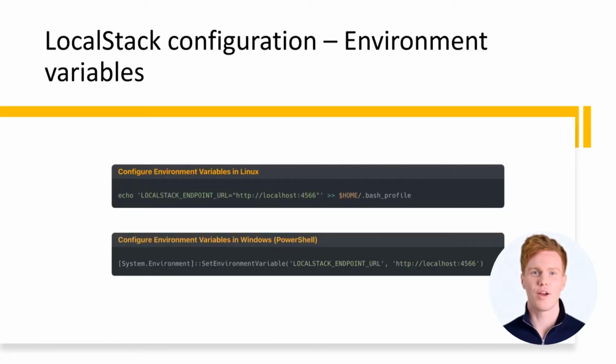LocalStack comes with integration with several tools and CLIs. Check out its official documentation to get the complete list of supported integrations. In this video, we will use AWS Command Line Interface (CLI) and AWS CDK (Cloud Development Kit) integrations.